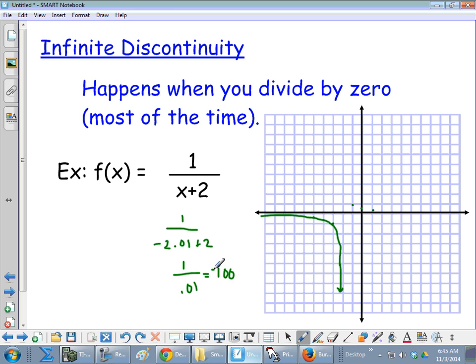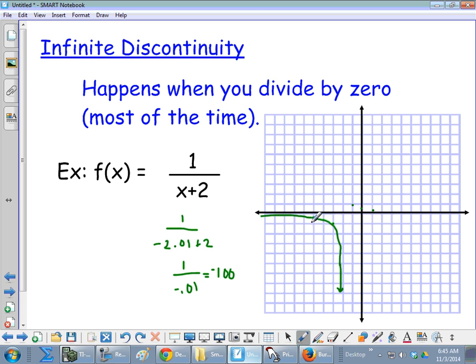Sorry, negative, I had this wrong. So at -2.01, you're way down at -100. So every time you put in a number that's close to -2, on the left of -2, it's going to approach a really big negative value.